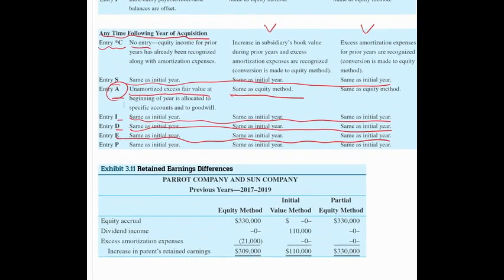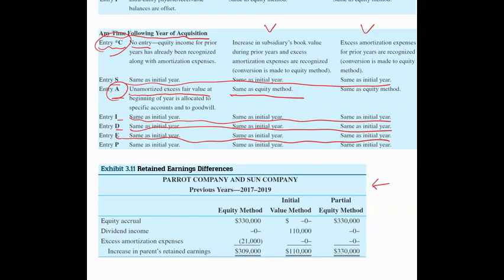Okay, as to this entry *C, how do we get that amount? You can use those problem solving videos to have a practice. I'm going to use these tables just to give you a brief review of where that difference comes from.